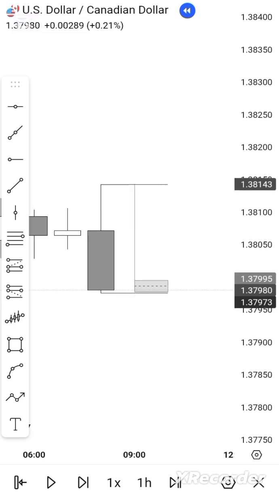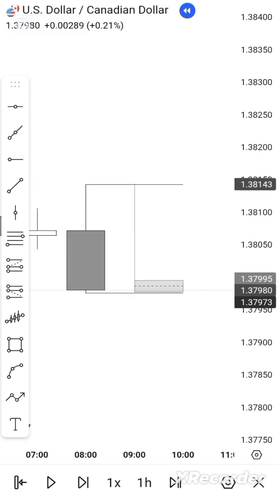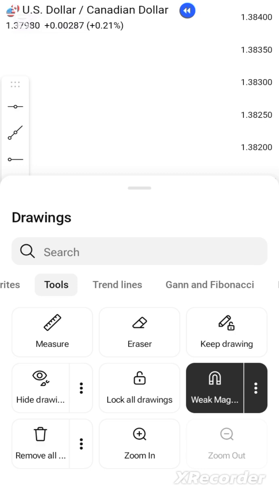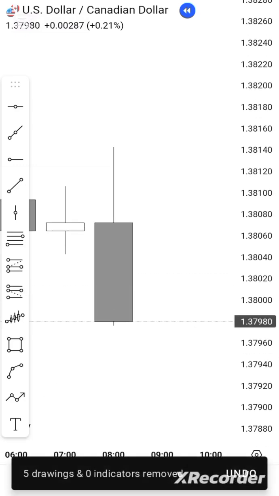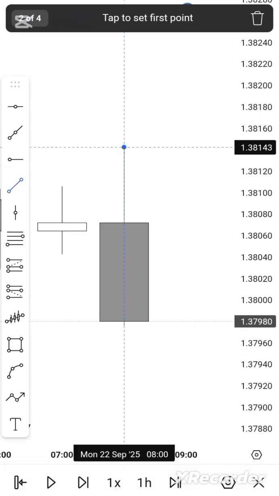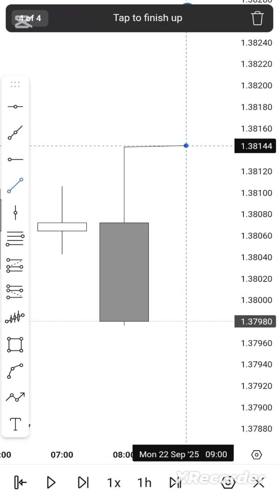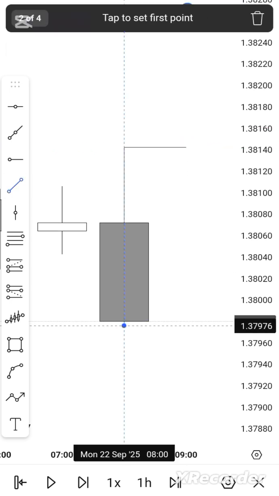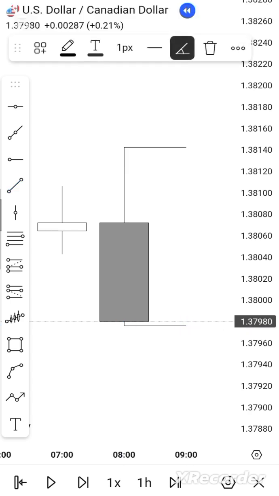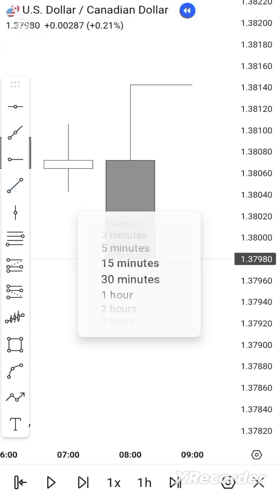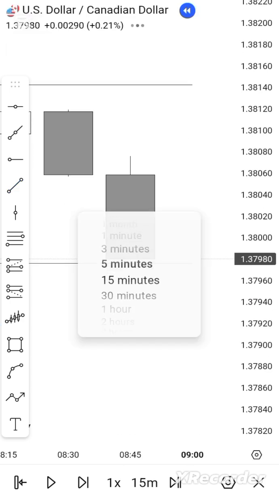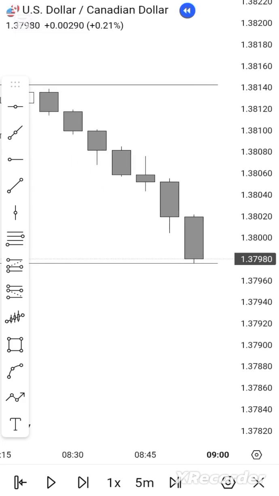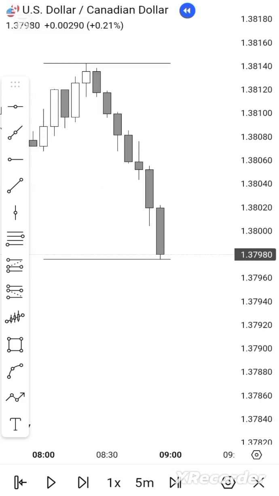So okay, let me clear this chart. Now according to the guidelines I gave in the first video, you have to mark the high and the low of the 8 a.m. candle, and then you go to the 5-minute time frame to look for a breakout.